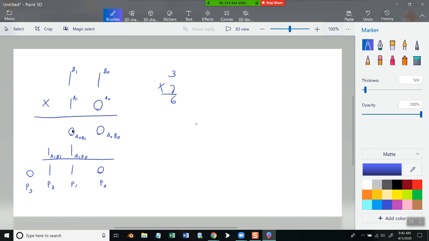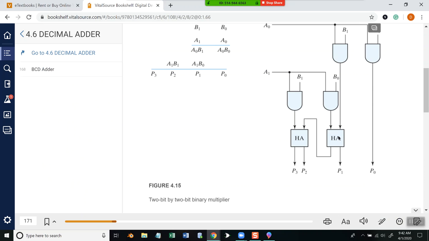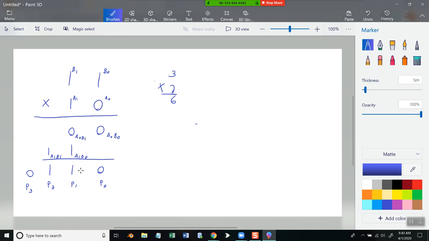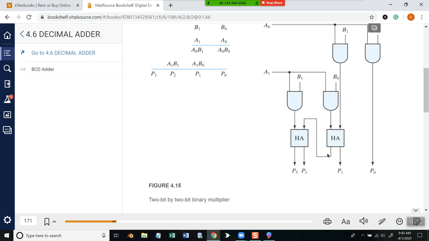This one here, we're sending into a half adder. So we're taking the results of A0, B1 and A1, B0, and that's coming into a half adder and giving us P1. And then the carry, if there is one, comes over here. I didn't have any carries in my example here, but again, if I add these together and it gave me 3, then I'd put a 1 and I'd carry a 1 over here. So that's what this carry is coming across here.